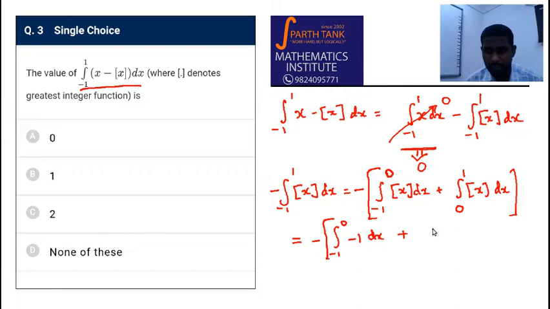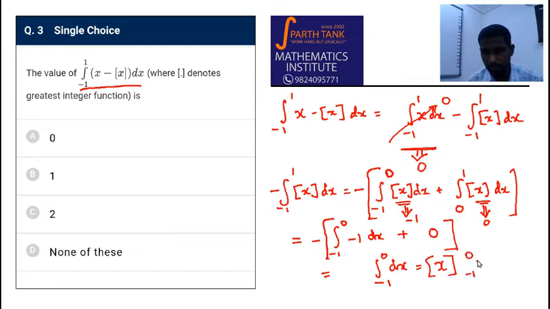So again this integral is 0 because floor of x is 0 in this region. Therefore this integral is simply the integral of dx from minus 1 to 0, which is x from minus 1 to 0, or 0 minus minus 1, which is plus 1. Therefore the answer here is plus 1, option B.